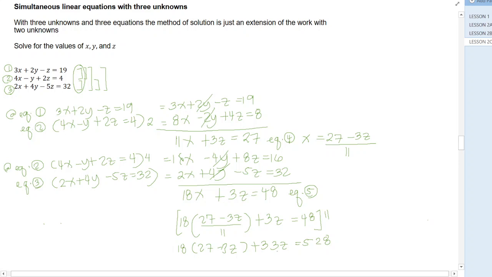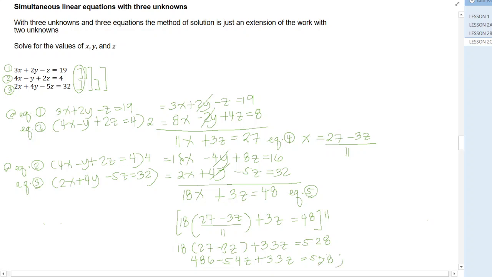Now 18 times 27 is 486, minus 18 times 3, that is 54z, plus 33z is equal to 528.